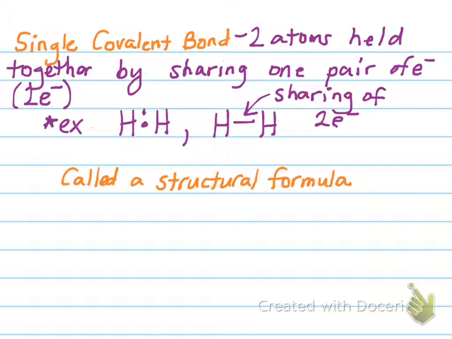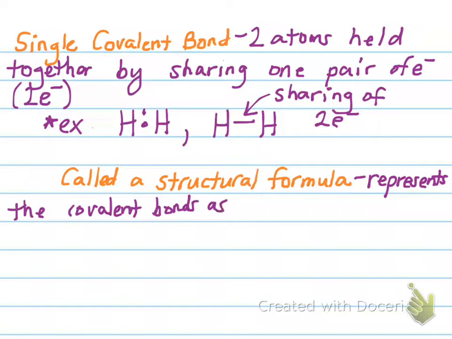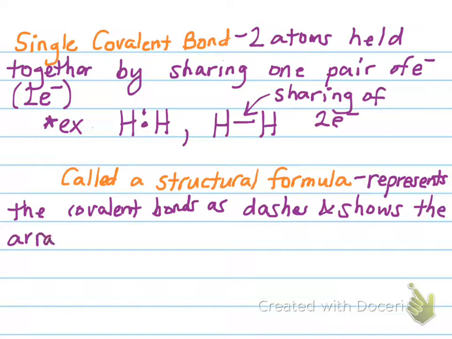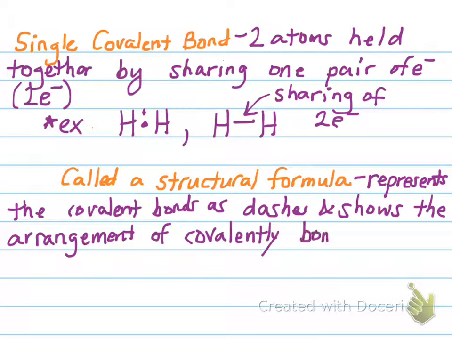This is called a structural formula, and this represents the covalent bonds as dashes and shows the arrangement of the covalently bonded atoms.